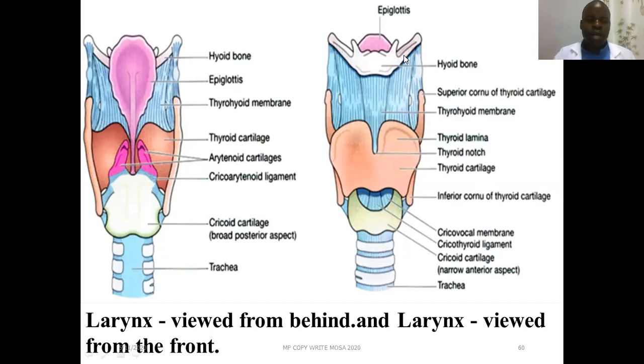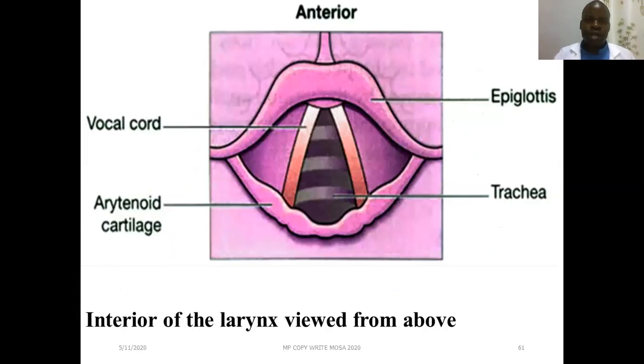So this is the larynx viewed from behind, and the larynx viewed from the front. So we have the behind view and the front view. This is the front view of the larynx, and this is the behind view of the larynx. You can see that we have the vocal cords. These are the vocal cords.